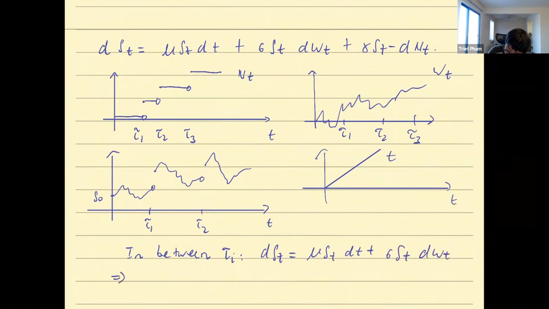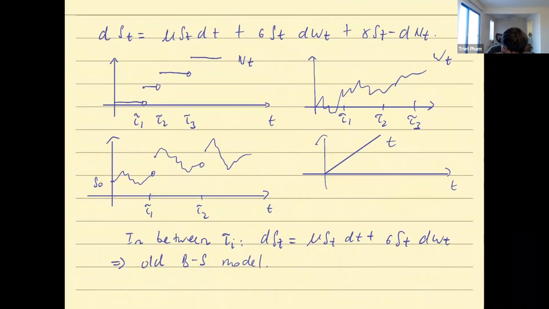So that's just the old Black-Scholes model. It just moves like a Black-Scholes model. At the tau i, what happens? At a single point, because these two are both continuous, their change is 0. There's no change at that single point.